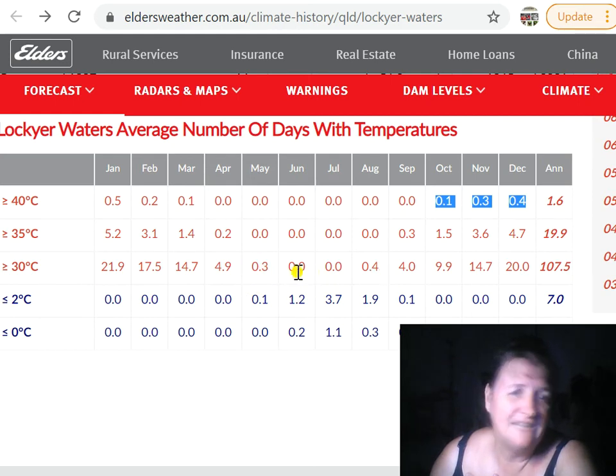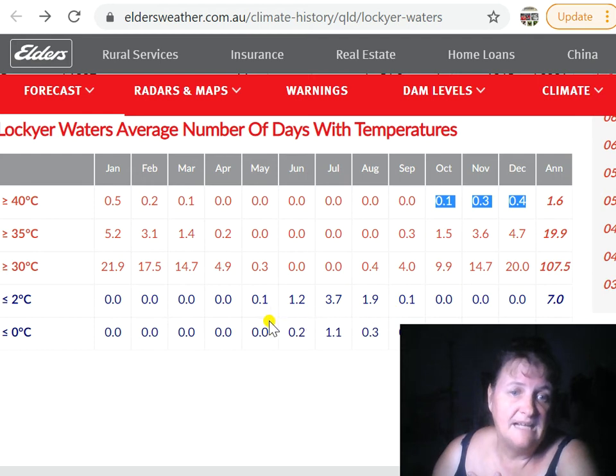So you can see there's going to be rather large temperature swings in these days. Days below 2 degrees, that's when your chances of frost start, in May and go through to September.